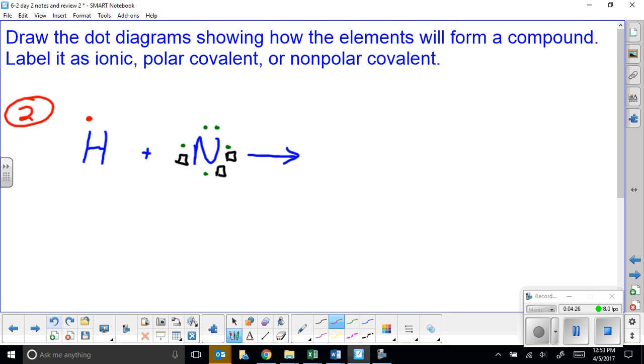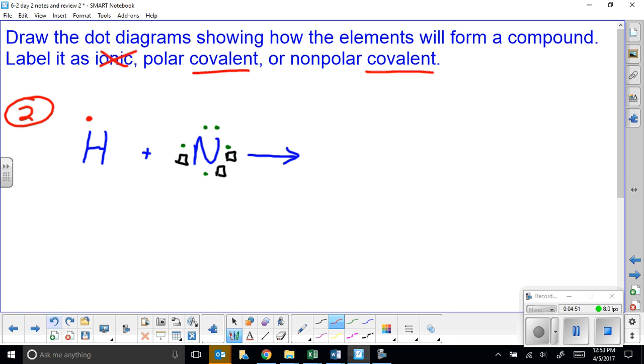Remember, nonmetals are never going to give electrons away. Nonmetals will receive electrons, or nonmetals will share electrons. So hydrogen can't give it away, so these are going to share. And once we know it can't give away, we know it can't be ionic. Sharing is covalent, so we know it's either polar or nonpolar covalent, which we'll figure out after we finish our drawing.